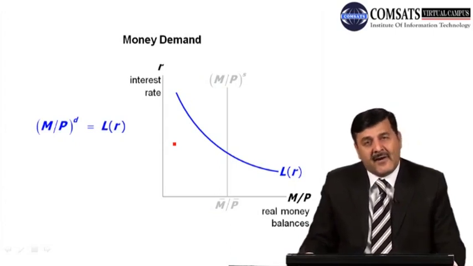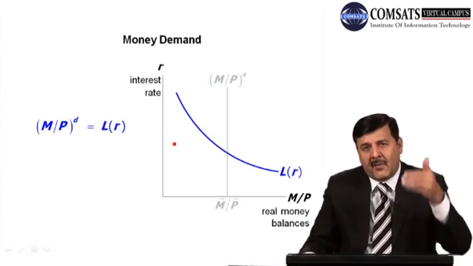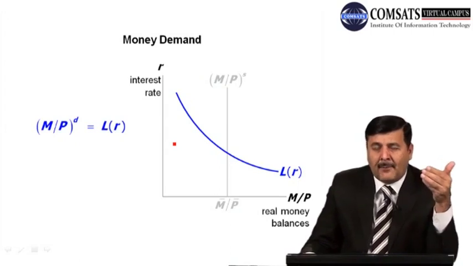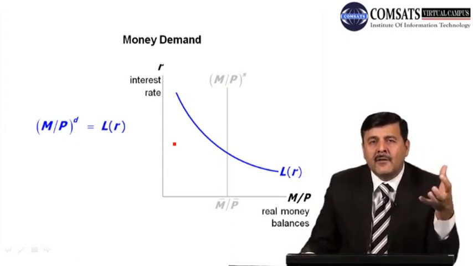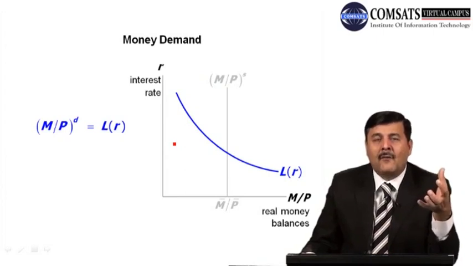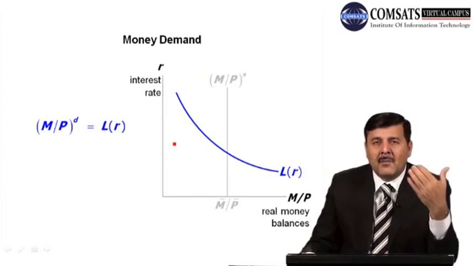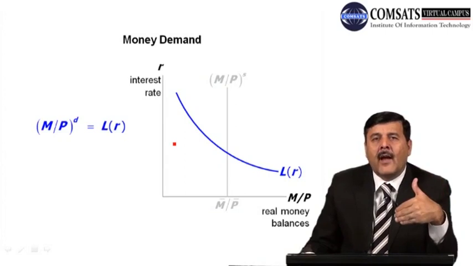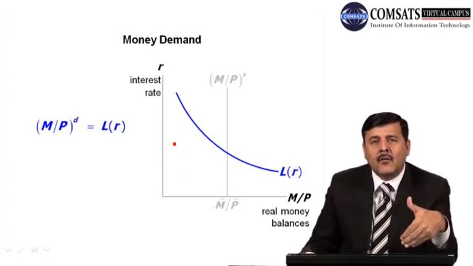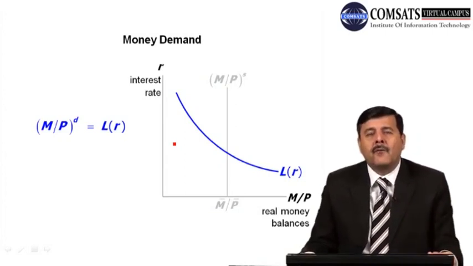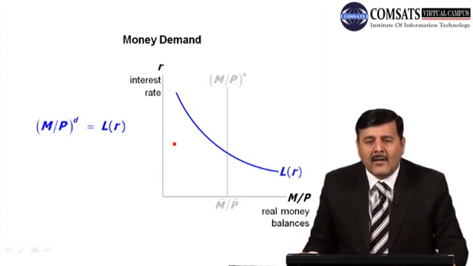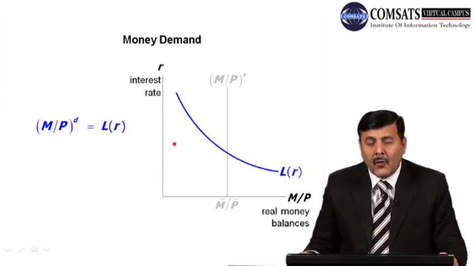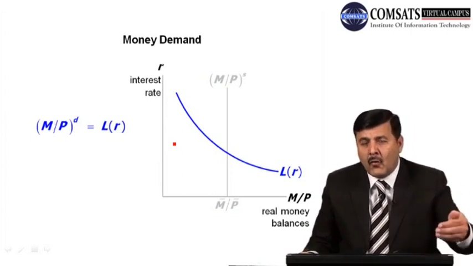Now when the rate of interest goes up, what will happen? The people would prefer to deposit their money with the banks instead of holding money with them. So the demand for money goes down. And if the rate of interest goes down, people would prefer to hold or keep money with themselves. So the demand for money goes up.